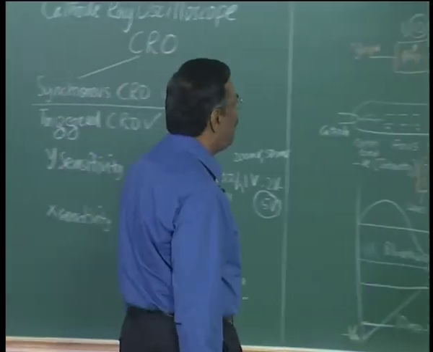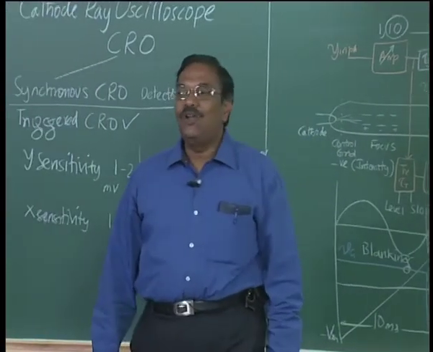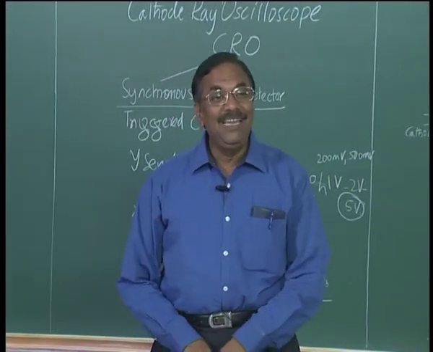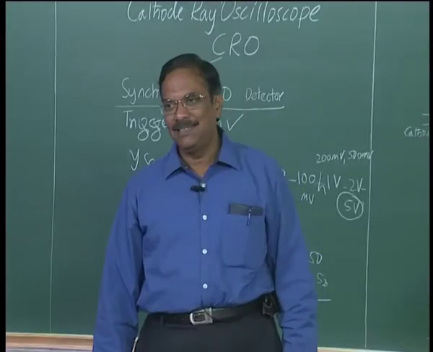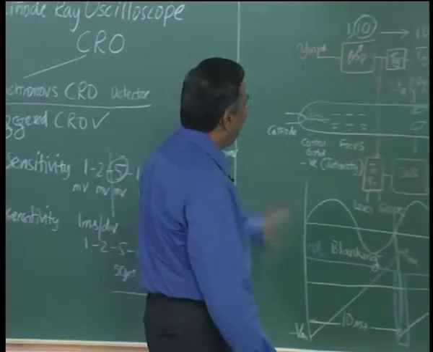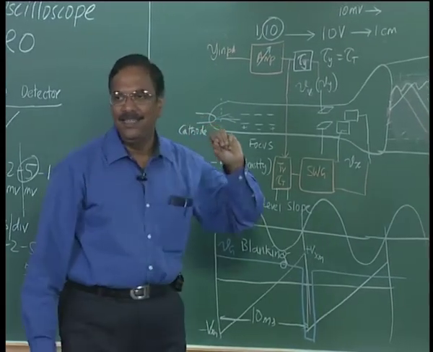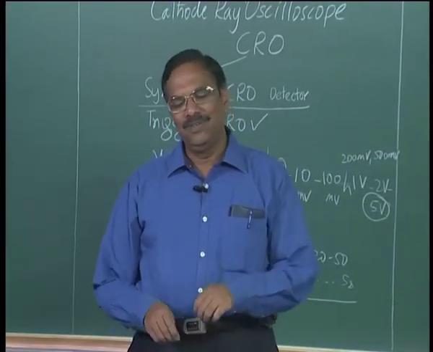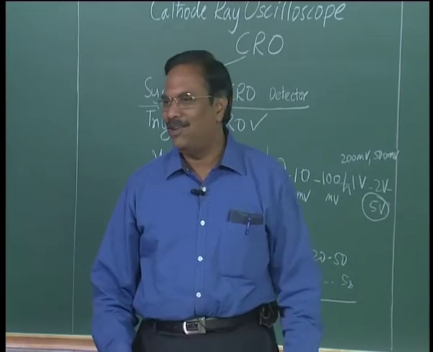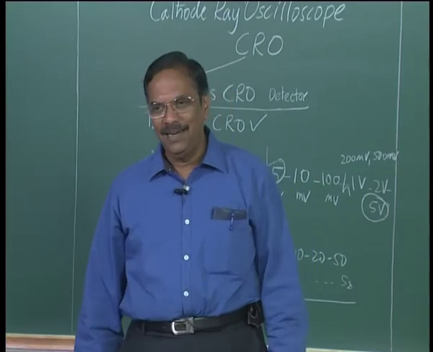So when we talk about the bandwidth of the oscilloscope, we do not use the conventional 3 dB bandwidth, because 3 dB bandwidth is useless as far as an oscilloscope is concerned. Please note, when we talk about the bandwidth in an oscilloscope, it is not 3 dB bandwidth. Bandwidth is normally given in terms of 3% error or 5% error and not 30% error, half a dB or 1 dB bandwidth.